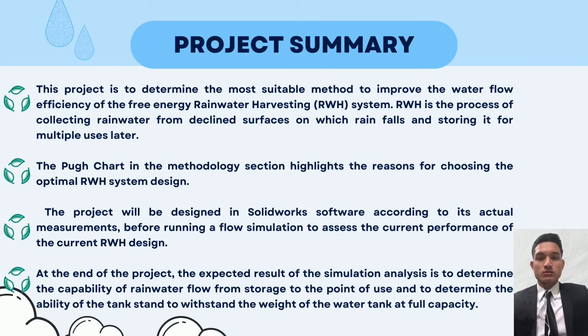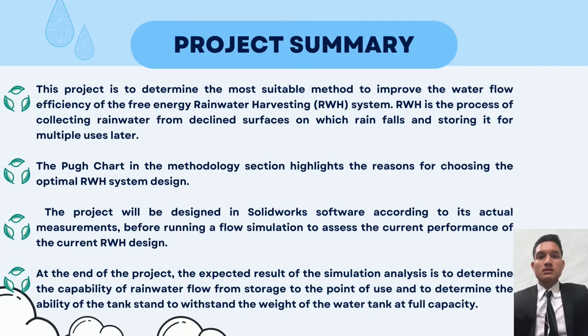First and foremost, we start with the project summary. This project is to determine the most suitable method to improve the water flow efficiency of the rainwater harvesting system. Rainwater harvesting system is the process of collecting rainwater from declined surfaces on which rain falls and storing it for multiple uses later.